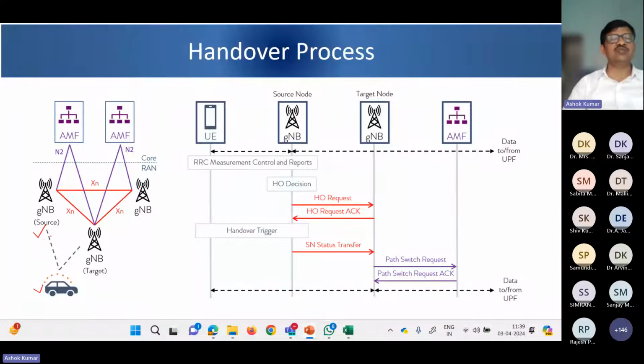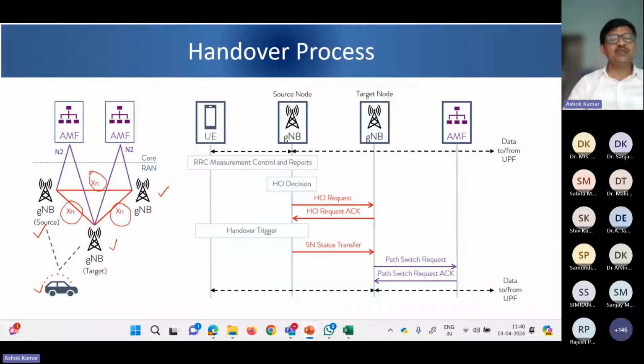This is your source gNodeB. There is another gNodeB nearby, another tower, and a third tower nearby. These BTSs are connected to each other on an interface called the Xn interface. In 4G, this was known as the X2 interface, if you know. In 5G, we call it the Xn interface.